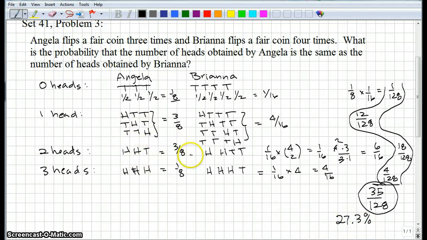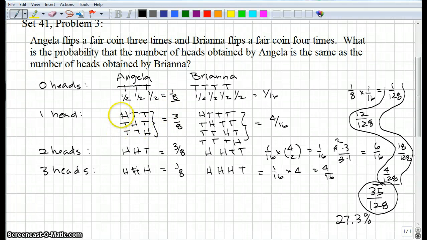There's a lot of probability work going on. The important thing here is to know when to multiply probabilities and when to add probabilities. Here, these are subsequent events, and so we multiply the probabilities.